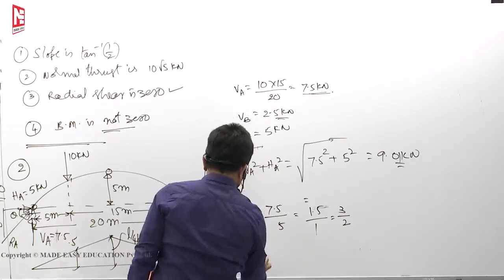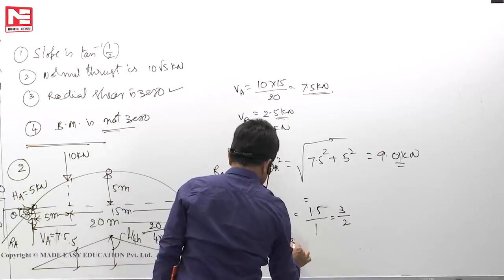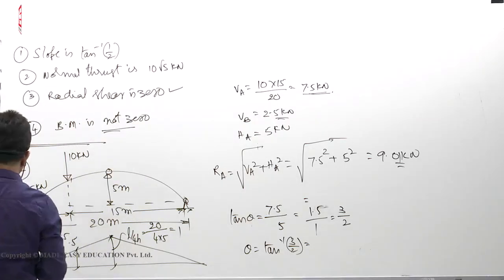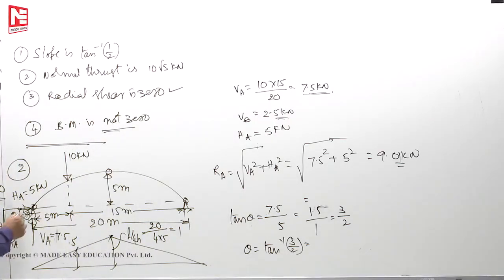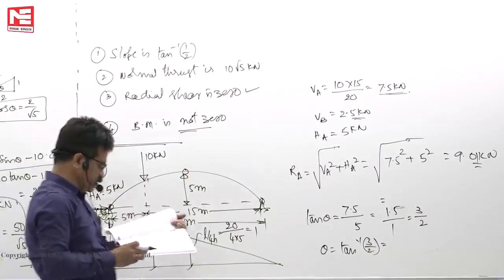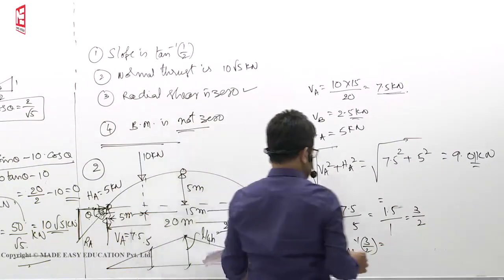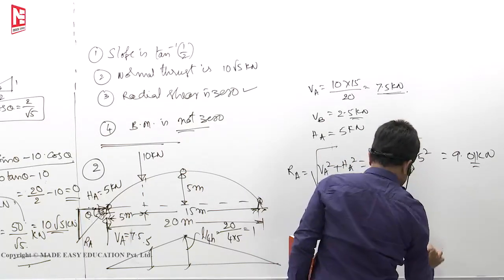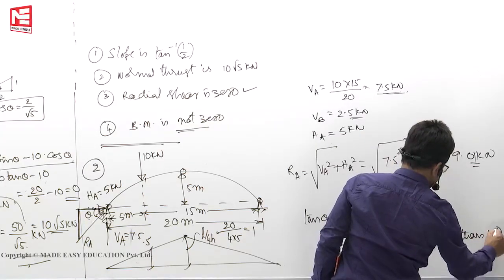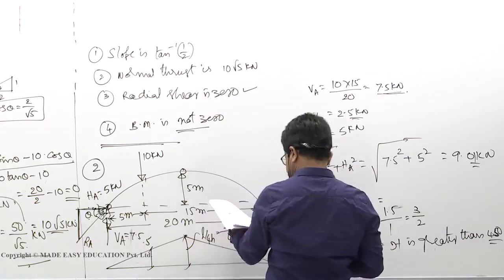So tan inverse 3 by 2. If this is 7.5 and this is 5, then it is 45 degrees if they were equal. If it is more than 5, it is more than 45 degrees. You don't have to calculate. So more than 45 degrees means 56.31 degrees. So without calculation, we should manage like this.